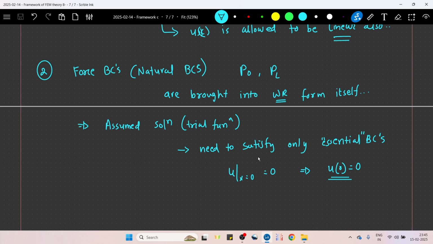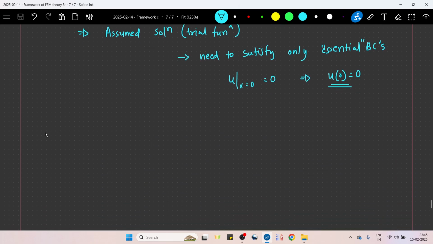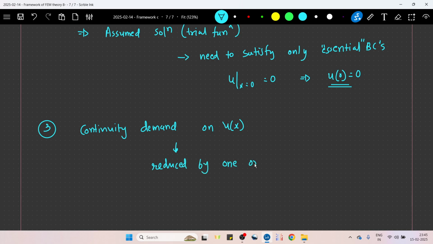And the third observation is that the continuity demand on u of x is reduced by one order, because we have reduced from u double dash of x to u dash of x, right?